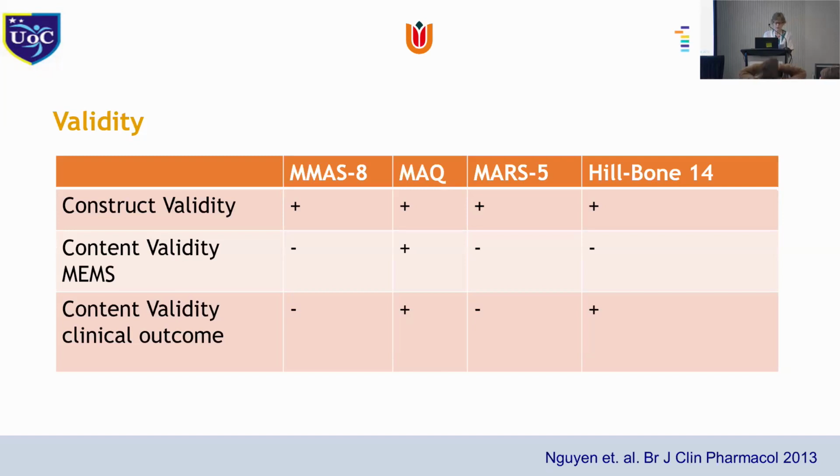For example, for adherence measurements, we compare the outcome of the questionnaires with MEMS, medication event monitoring system, or other means of electronic monitoring, and comparison with clinical outcomes. And that has only been done for MAC and for the Hill-Bone, the validity regarding clinical outcomes. And this should be taken into account when you select your questionnaire.